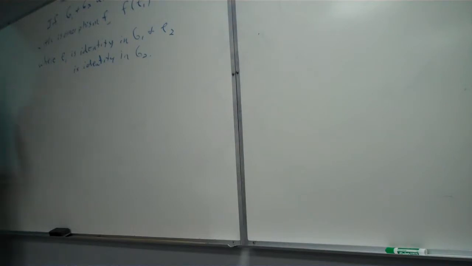So the identity is mapped to the identity if we have an isomorphism.